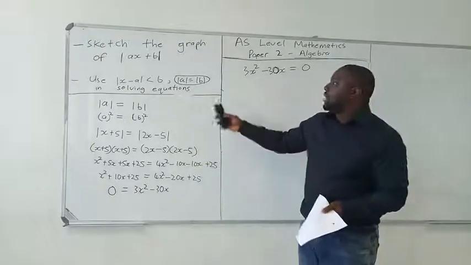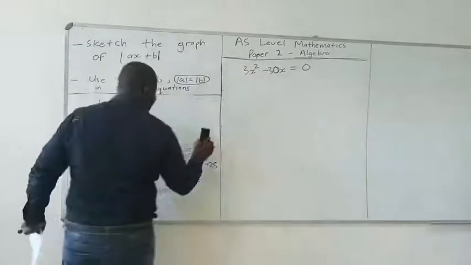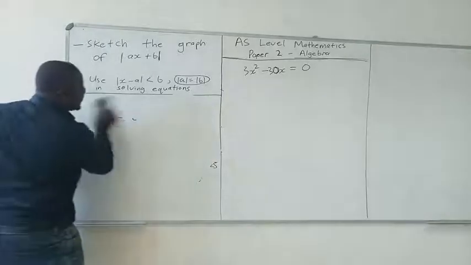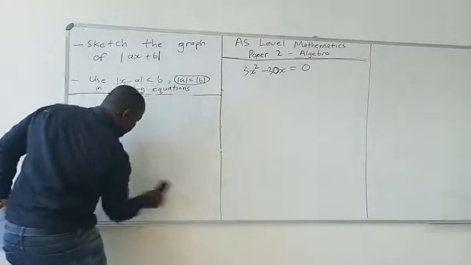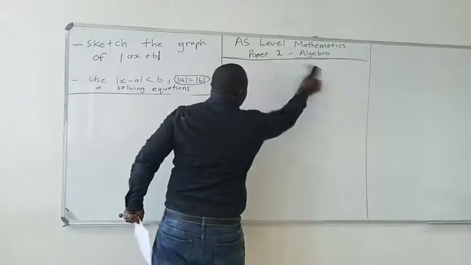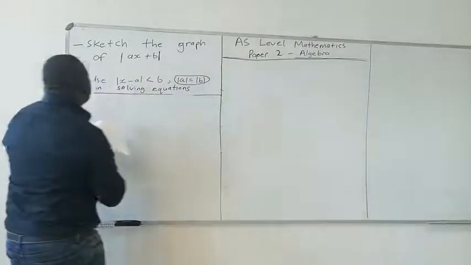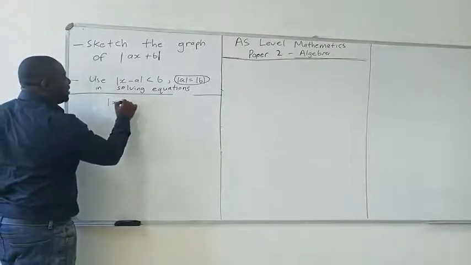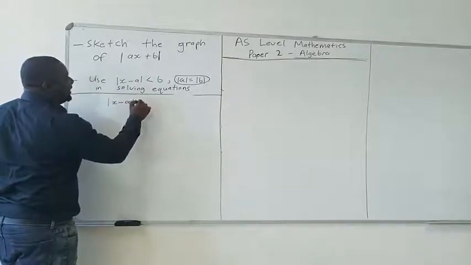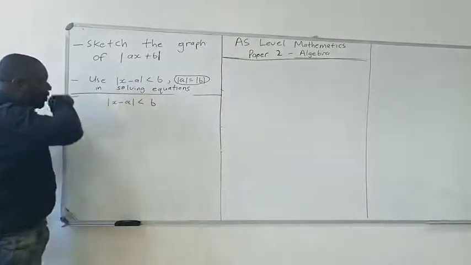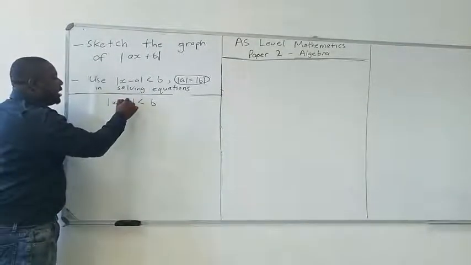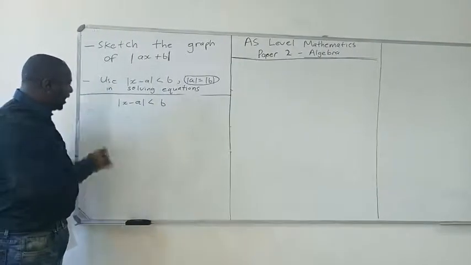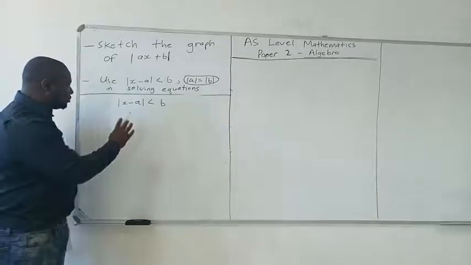Right, so now what we want to do is look at the second type of relationship. Let's say we've got magnitude of x minus a is less than b.